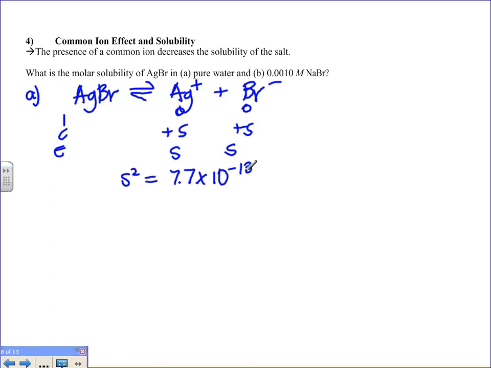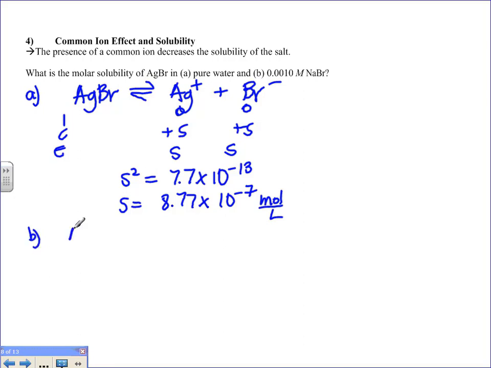So it's equal to 8.77 times 10 to the negative 7 moles per liter. So in pure water, we're starting initially with no ions.